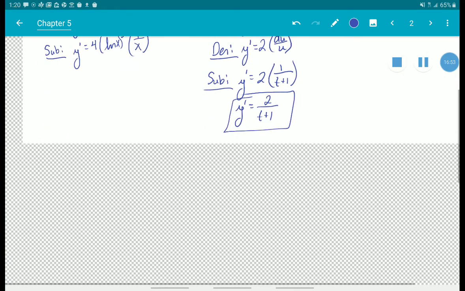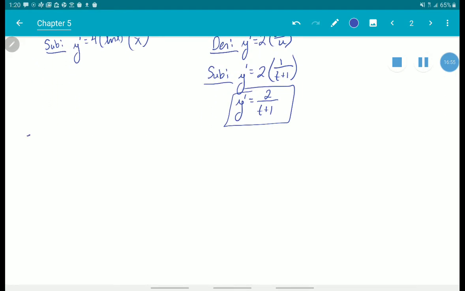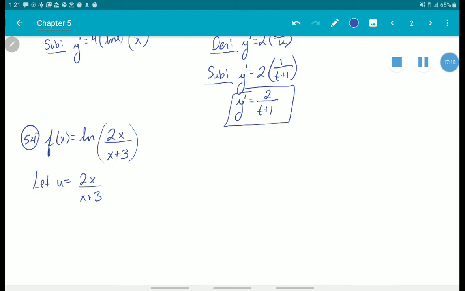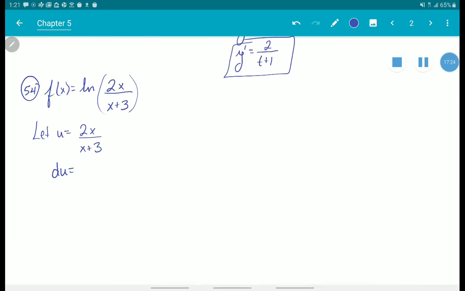So now let's start combining some of these rules. Let's look at 54. We have f of x is equal to the ln of 2x over x plus 3. So we're taking the ln of all of that. There's an understood parentheses there. U is always the inside function, so it's 2x over x plus 3. If that's u, then du would be the derivative of that. But that's going to involve the quotient rule.